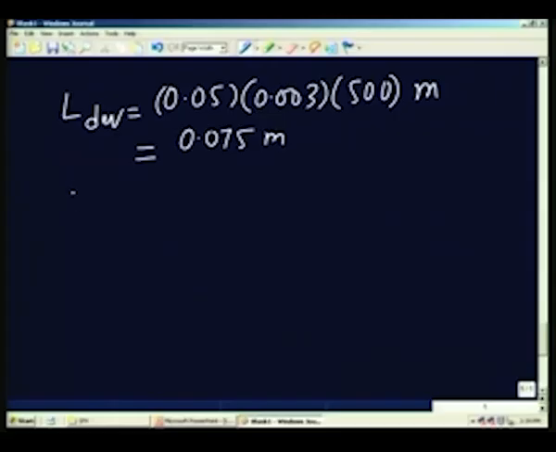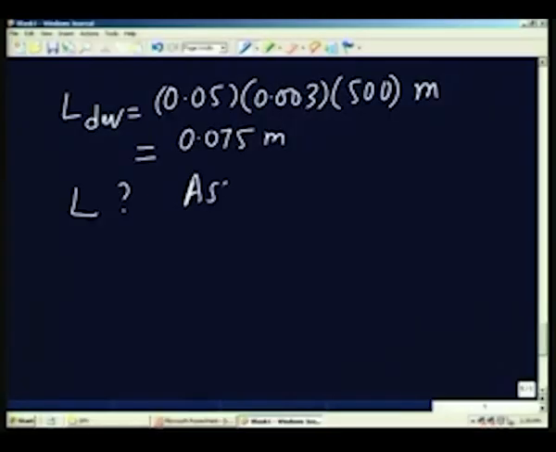So what about L? I would like to now make an assumption that I should be able to measure the pressure drop accurately. It should be large enough so that it can be measured with a suitable pressure drop measuring device. So I will assume that the pressure drop delta P is something like 1 kilopascal, which can be easily measured.